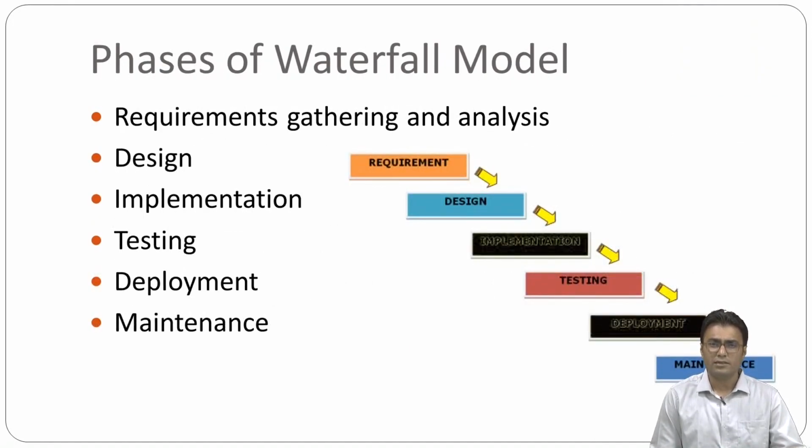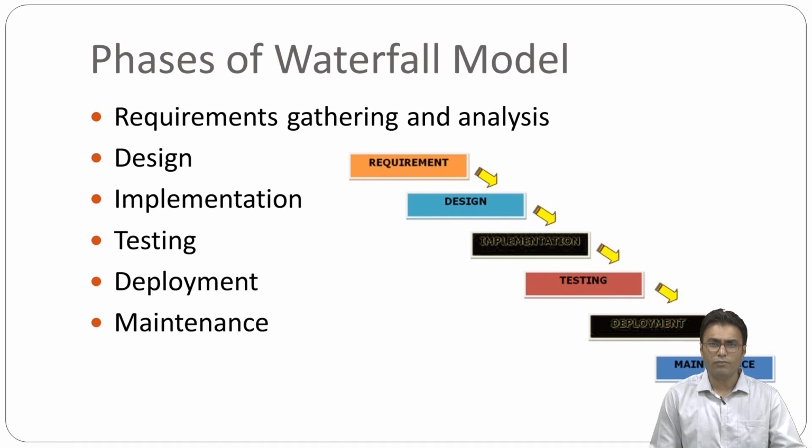Now, let's understand the various phases of waterfall model. The phases of waterfall model are on your screen, which include requirements gathering and analysis, design, implementation, testing, deployment and maintenance.